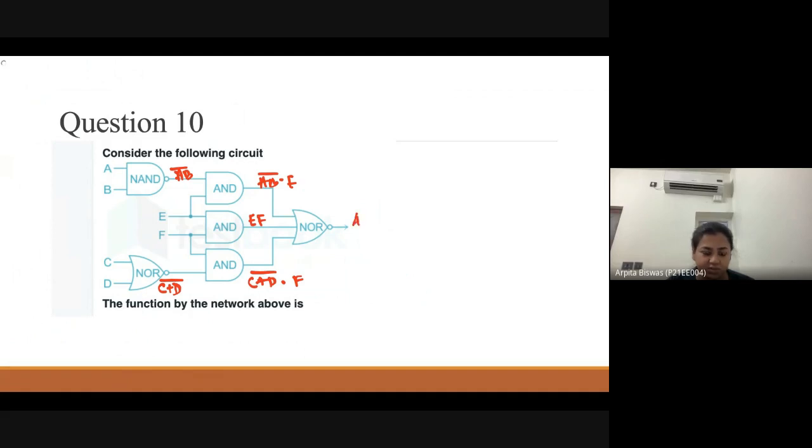So A B bar into E plus E into F plus C plus D bar into F, then total bar. Now simplify it and then tell me the answer.